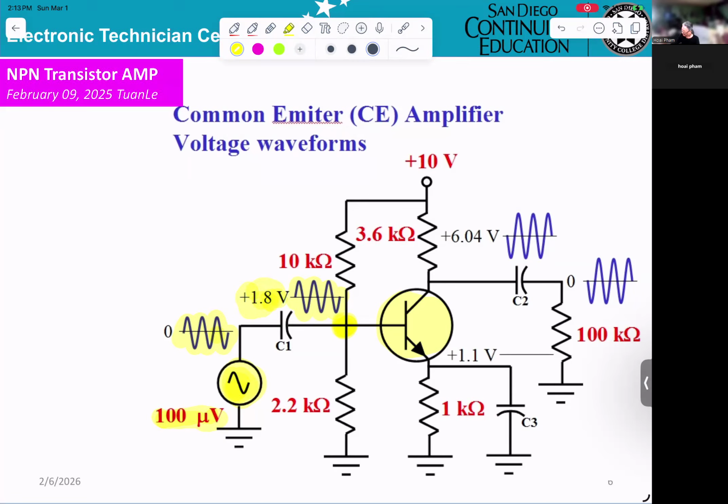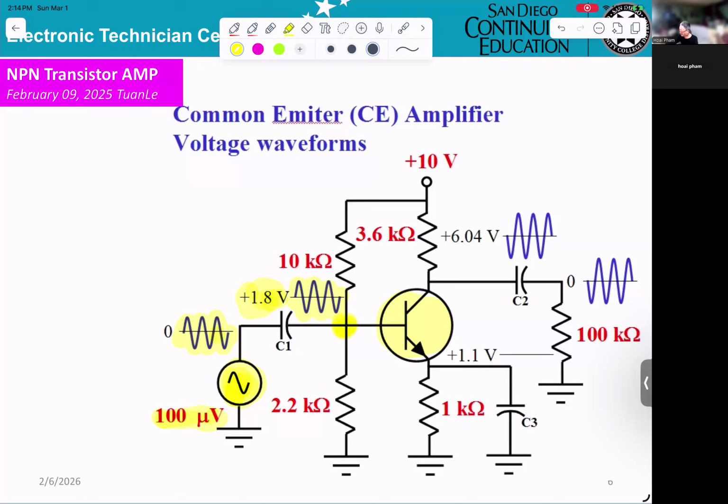That means for the DC calculation, you get 1.8 volt. And also when you apply the AC signal, you get the AC signal. Okay? So if you're looking at the oscilloscope, you can see how this signal looks.